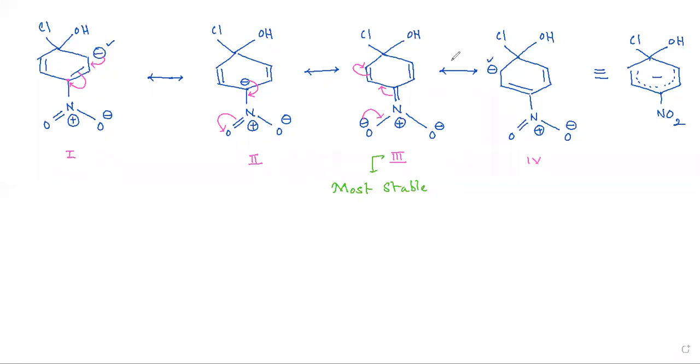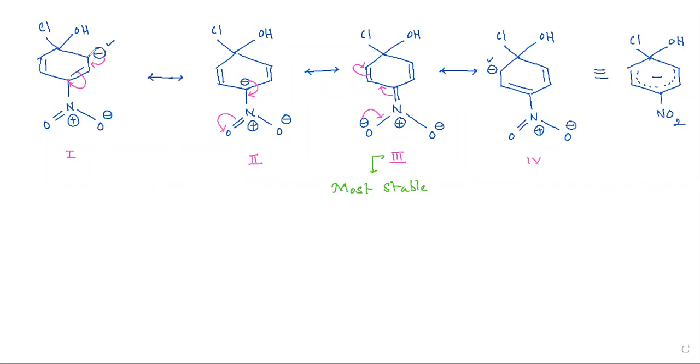A negative charge has to be there on the highly electronegative atoms, and a positive charge has to be there on the more electropositive or less electronegative one.